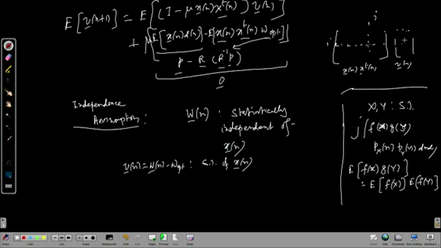So, it will be E of the whole matrix, because I am applying E on every term. Every term is a product of one x and another x, x(n) into x transpose(n).